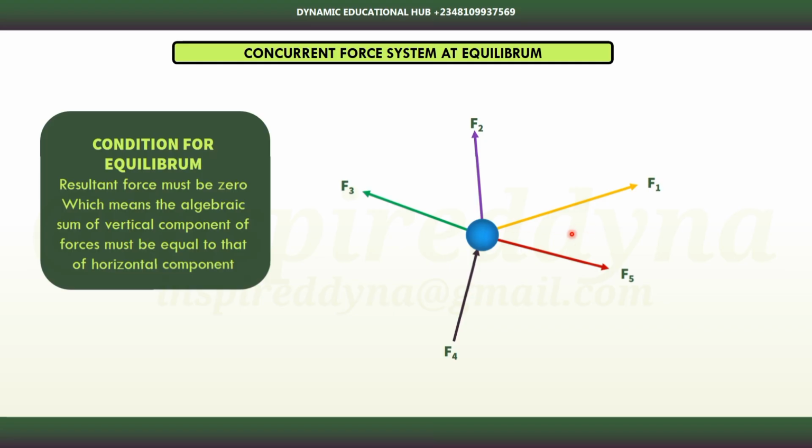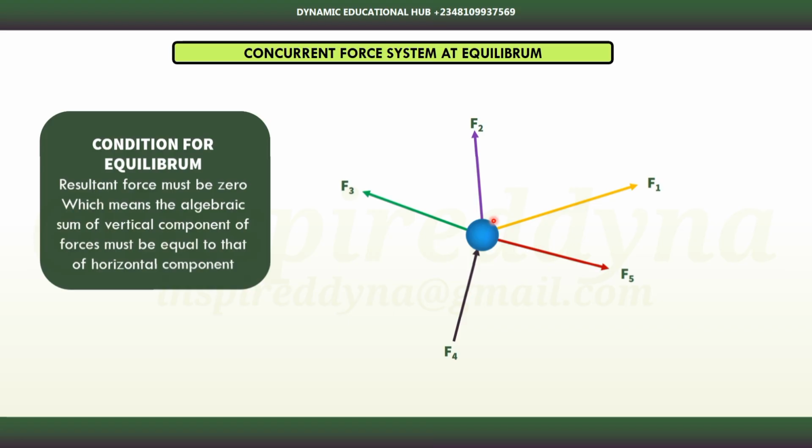Now, what is the first condition? Resultant force must be 0. All these forces are going to have their effect on this object. When you find the cumulative effect of all these forces and you get 0, which means the resultant force is 0, it means that this object will not move. That is the condition for equilibrium.